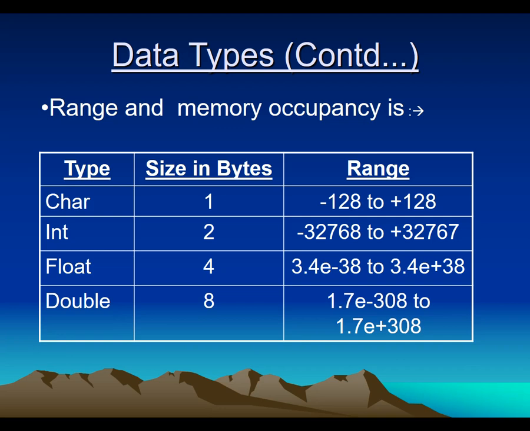As you can see on the screen, the relevant ranges and the byte sizes occupied inside the system are demonstrated. At last, the conclusion of the topic is: whenever we write a particular data type, either integer, float, character or double, inside the system it occupies a size, and the size may be 1 for character, 2 for integer, 4 for float and 8 for double.